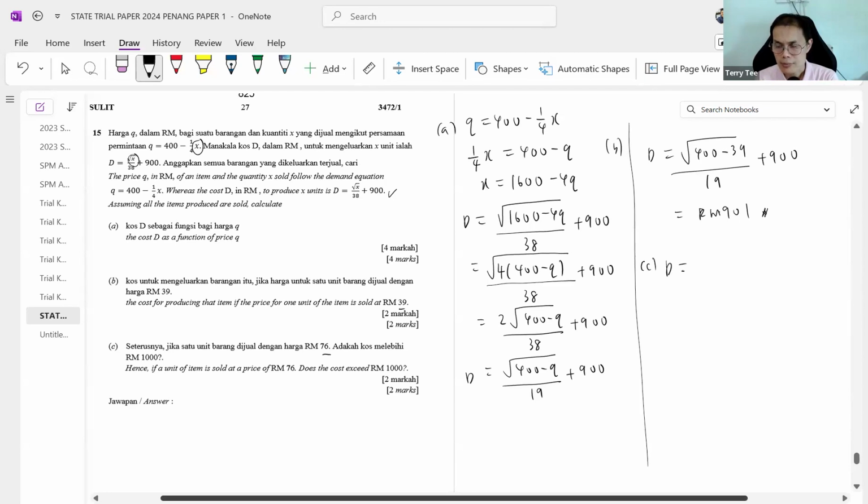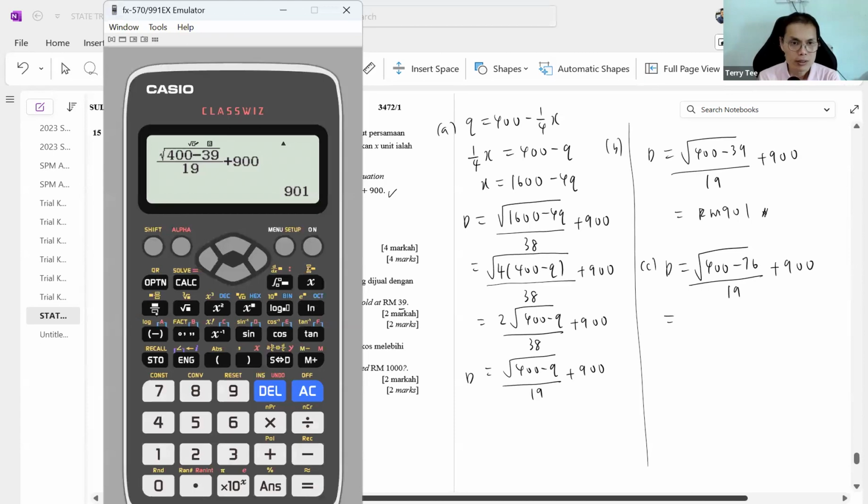We can straight away substitute your Q with 76. It is going to be less than 900, right? Sorry, it's going to be less than 901. So it's not going to exceed 1000. So use a calculator. In fact, I can just use back this one. Just change it back to 76.